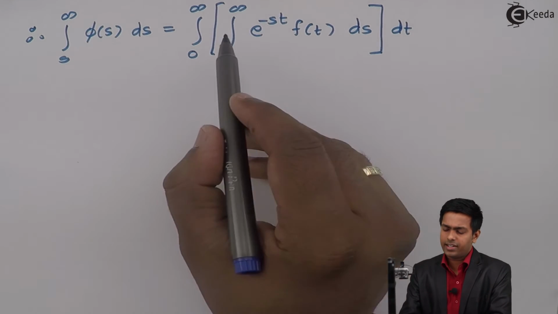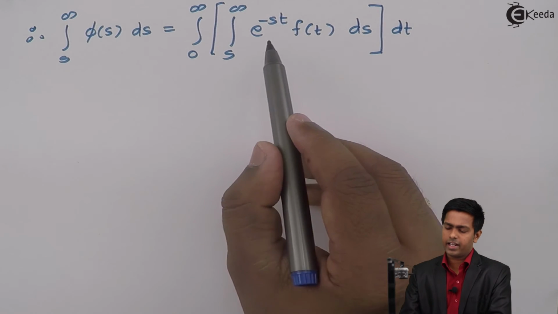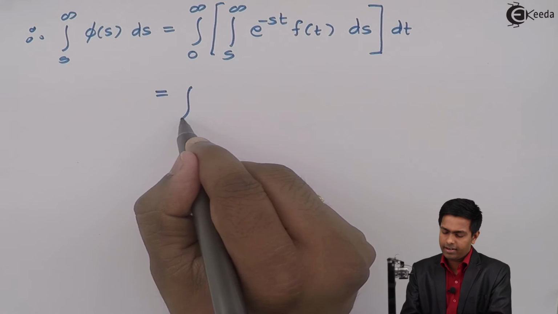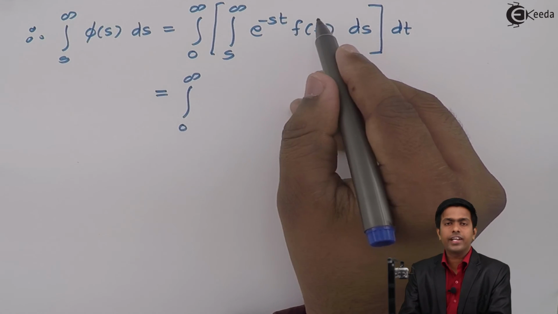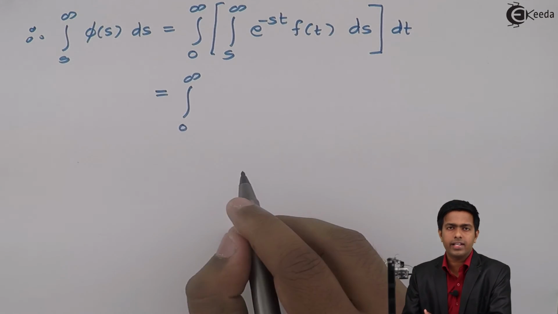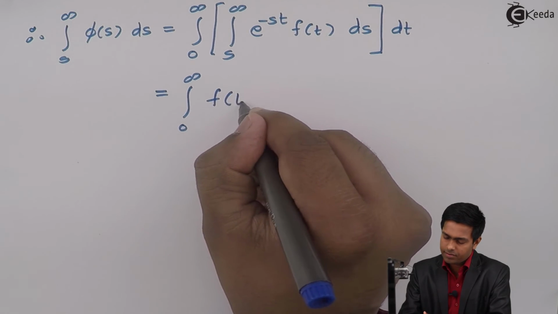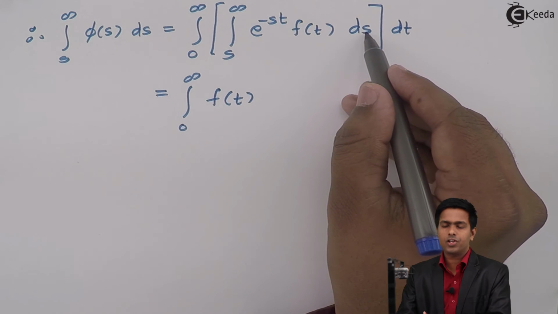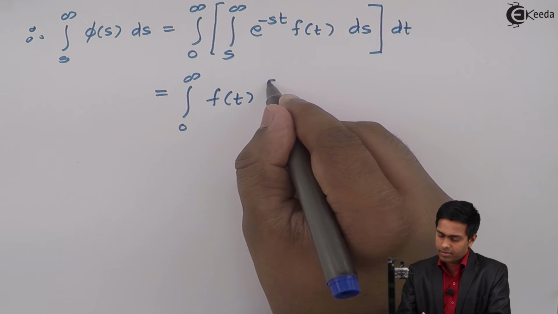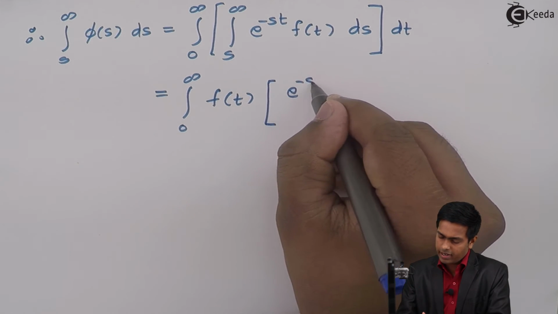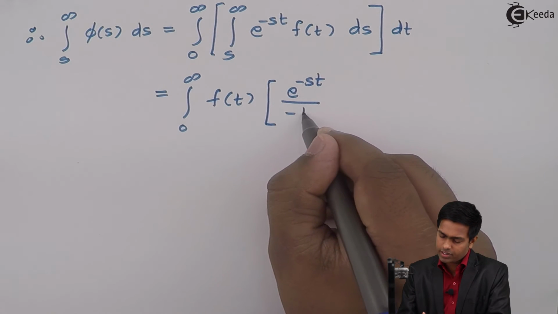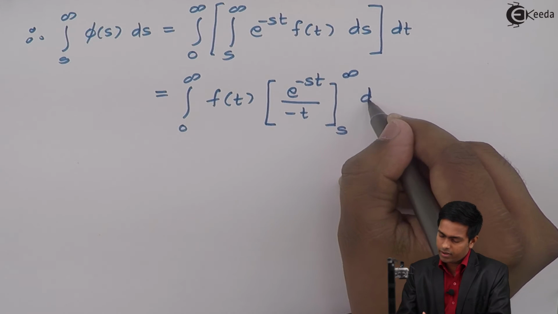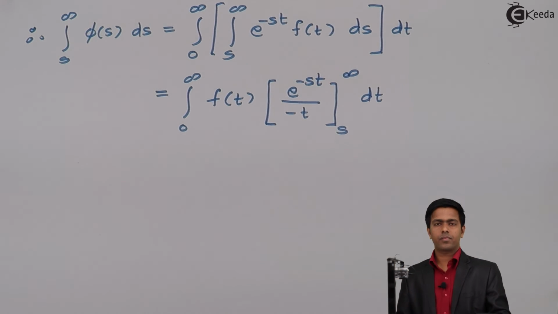Now let's solve this integration first. If I integrate e raised to minus st f of t with respect to s, then f of t is constant because it does not have s, so I'll take f of t outside. Then integration of e raised to minus st with respect to s is e raised to minus st upon minus t, from s to infinity, and dt as it is.